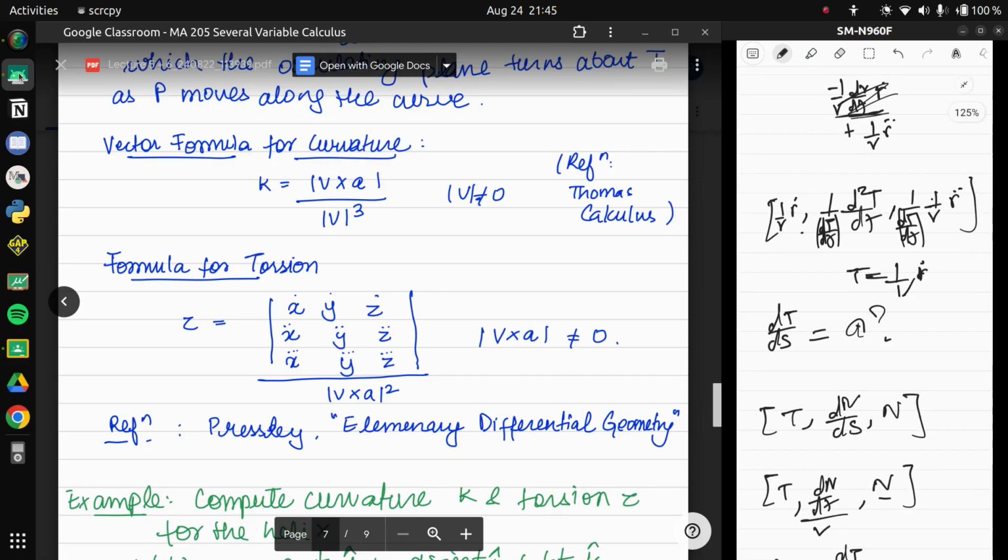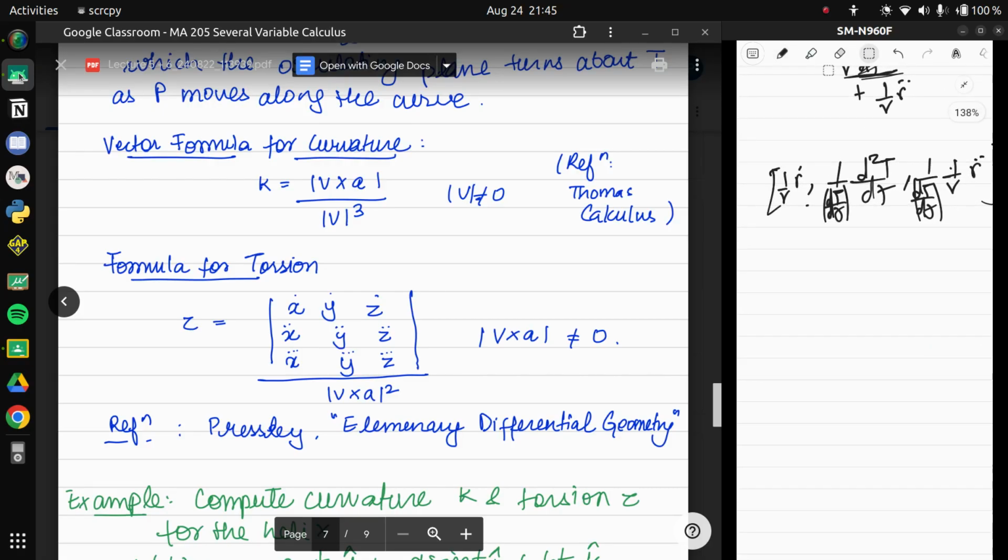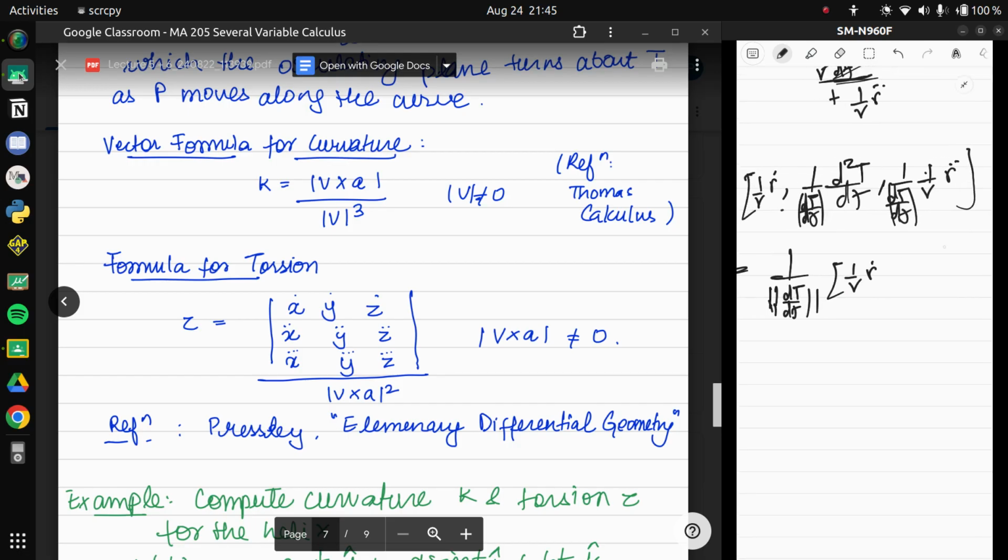Similarly over here as well, firstly just take that out, so it becomes 1 upon the magnitude of dt upon dt, and this is just 1 upon v r dot, 1 upon v r double dot. Now this thing I'm pretty sure is just going to be 1 upon v r triple dot, obviously.